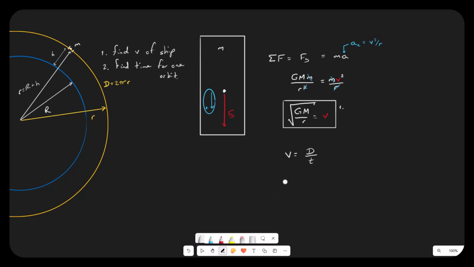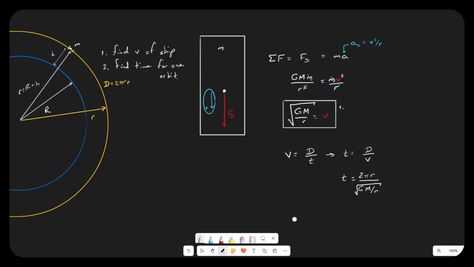And that means that my time is just distance over the speed. I just found my speed, and my distance, like I said, was going to be 2 pi r. So 2 pi r over the speed, the square root of GM over r, and I've got the time for one orbit.